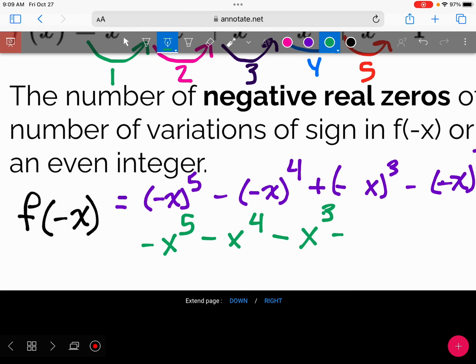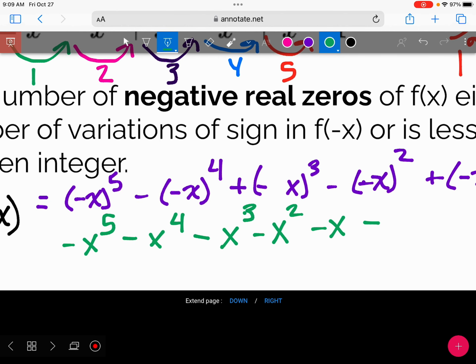Opposite of x squared. We're just going to have minus x squared minus x minus 1. So we've done things like this before. We did this when we were checking for even and odd, checking for some symmetry. So we've done this on a few different things.